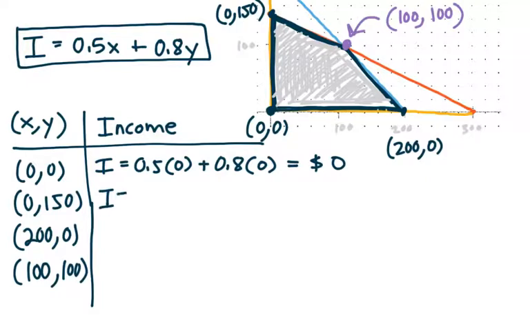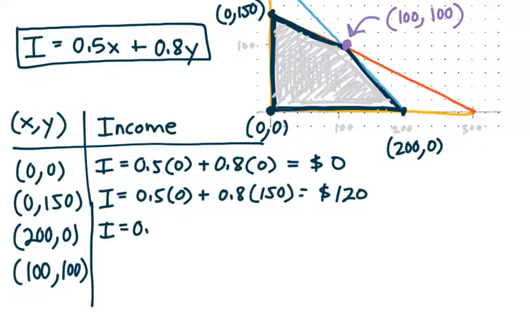All right, let's look at making 0 regular and 150 jumbo biscuits. That ends up giving us $120. All right, our next one, we'll look at making only 200 regular biscuits and 0 jumbo biscuits. That makes us only $100.